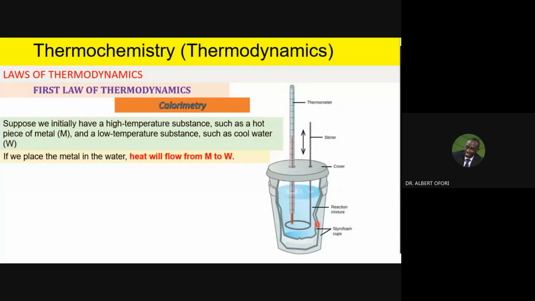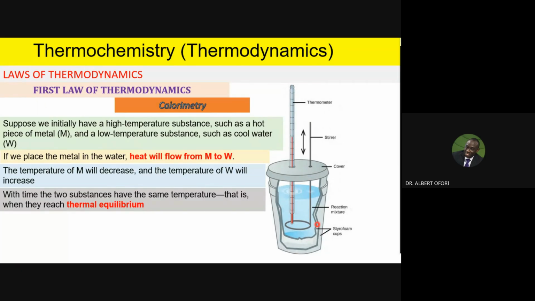So we can use that calorimetry to study whether it's the water that is hot transferring its hotness to the metal, or the metal was hot, transferring its hotness to the water. So we can just measure and know the temperature differences. We'll get to use the thermometer to measure till we see that there's zero flow, and the solution, metal plus the water, is at equilibrium with the thermometer.